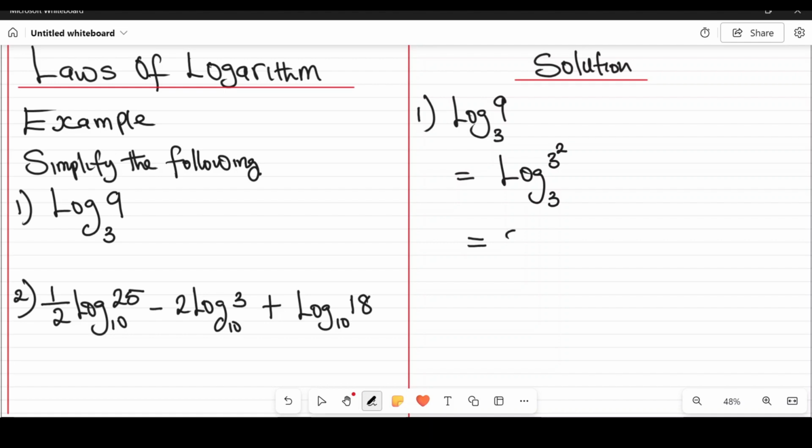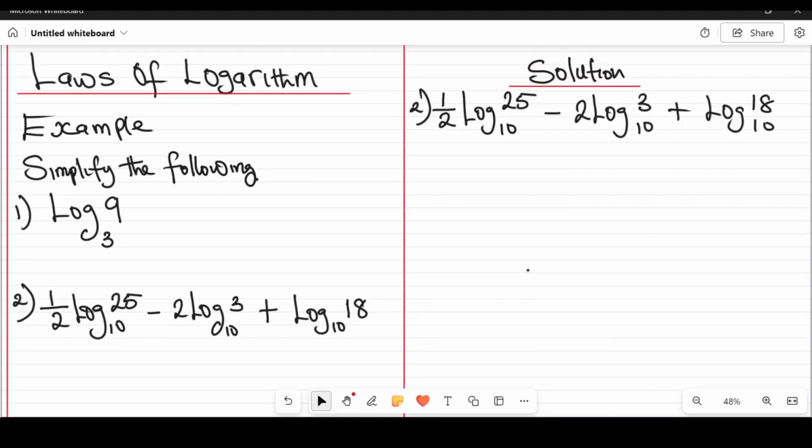So this can be written as 2 times log of 3 to base 3. Also, we know that from one of our laws, the logarithm to its own base is equal to 1. So therefore, this is equal to 2 times 1. Now the answer is equal to 2. So we are able to apply the laws of logarithm, and we came out with 2 as the answer.